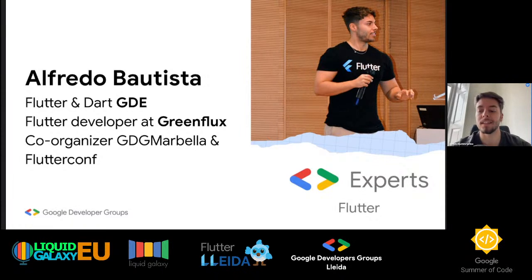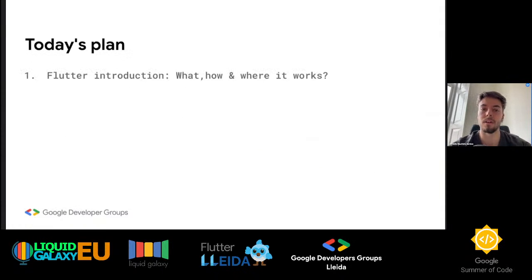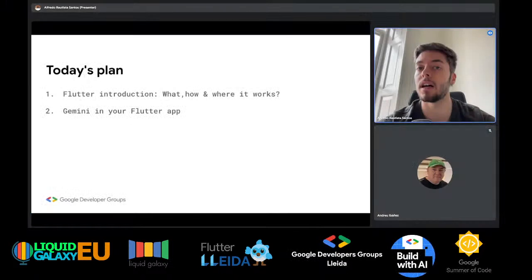So stay tuned. Okay, for today, I'm going to introduce Flutter. I think most of you know about Flutter, but we're going to do a very quick introduction of Flutter. Also, we're going to see how to integrate Gemini in our Flutter apps, because as you know, you already saw some events from the Liquid Galaxy campaigns about AI in Flutter.